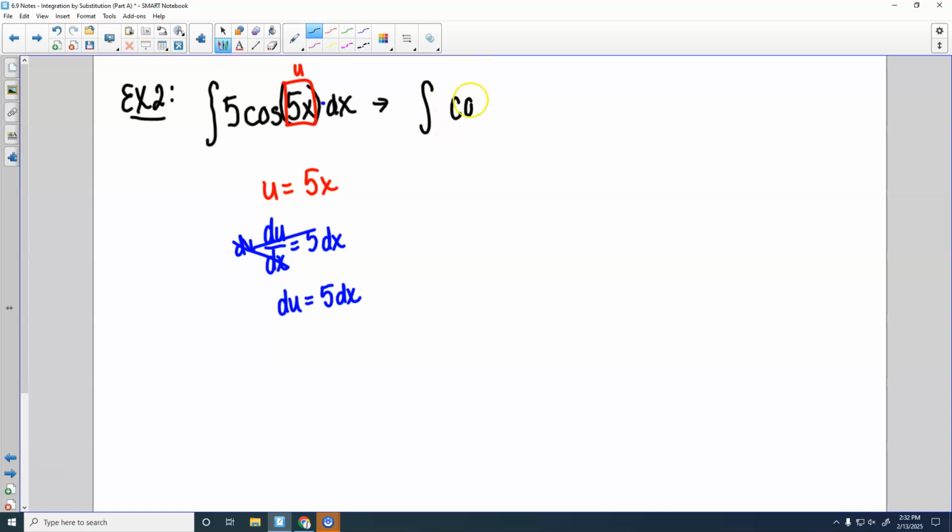And you wouldn't necessarily need to write this step, but I'm going to, just because it makes it easier to label things. I could put the 5 over here with my dx, and that would be okay. So I could replace my 5x with a u, and then I can replace the 5 dx with my du.